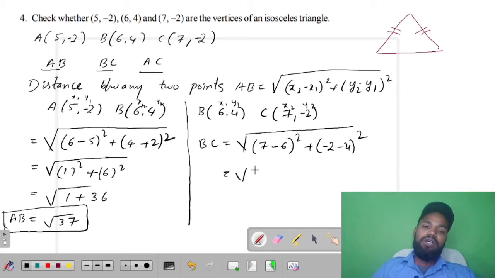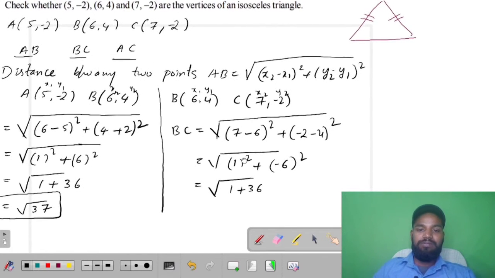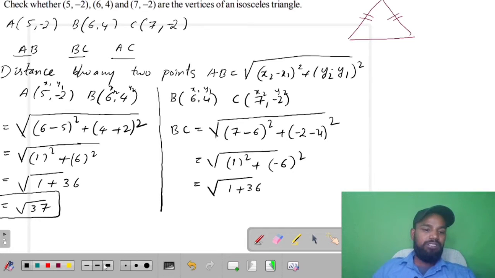That equals under root 7 minus 6, which is 1, plus (-2 minus 4), which is -6, whole square. That equals under root 1 square 1, 6 square 36, which is 37. So the BC side is root 37.